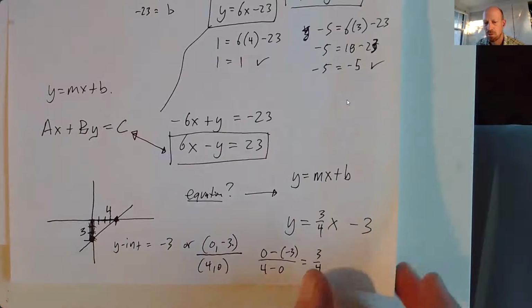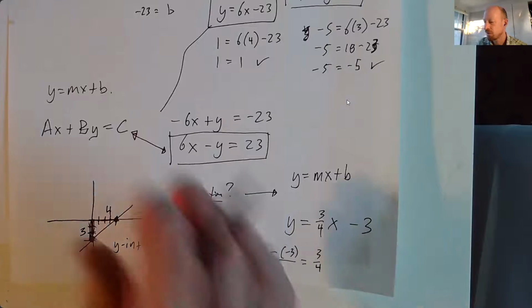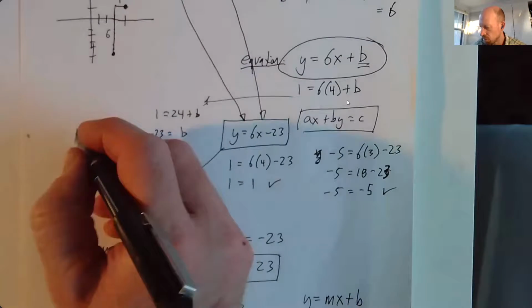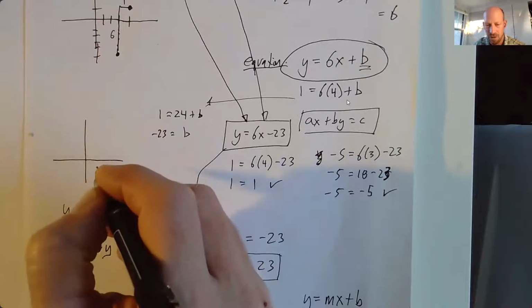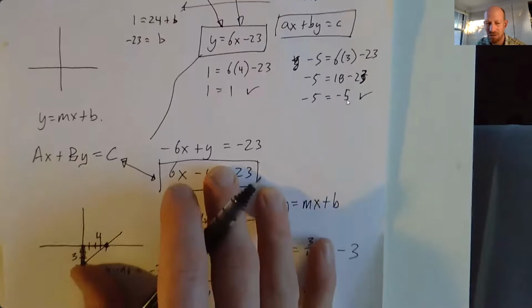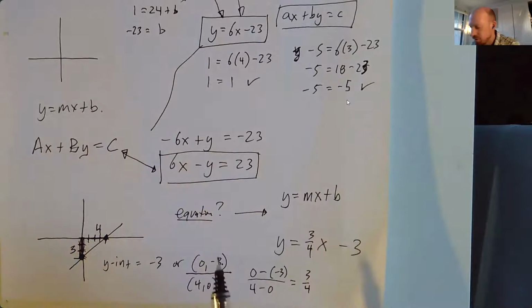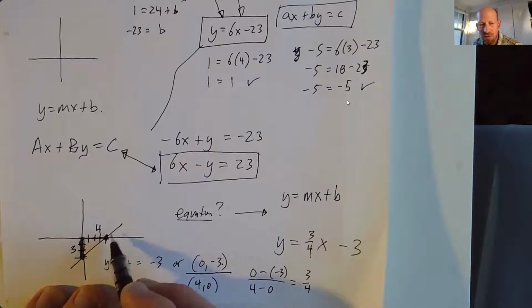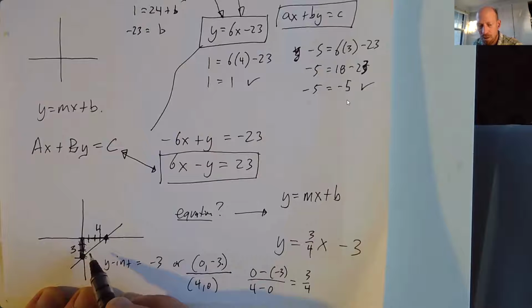I have a question. If it's rise over run and the slope is negative, do you go down and over? That's a good question. There are two ways to look at the slope here. This is a positive slope, 3/4.